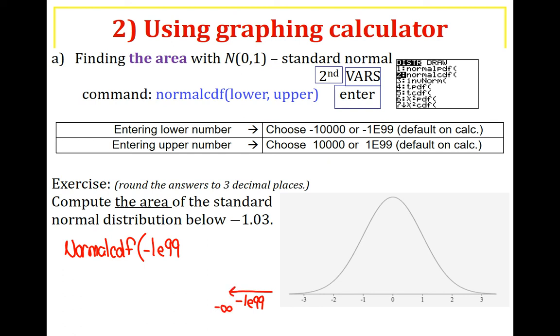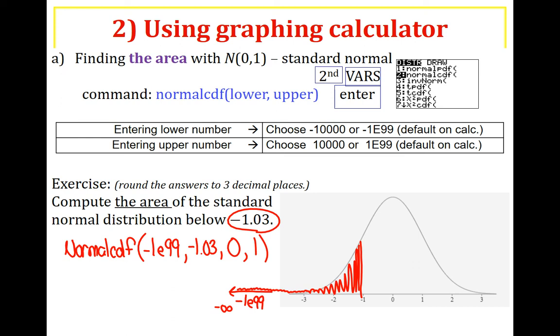Comma, my upper boundary, which was -1.03. Why did I use that? Because that was the statistic that I was asked to use, and that number is approximately right here. So I've created an area in my calculator way out into negative infinity world. I'm getting all the numbers to the left. Comma, the last numbers are my mu, which was my center, and then my standard deviation, 1.